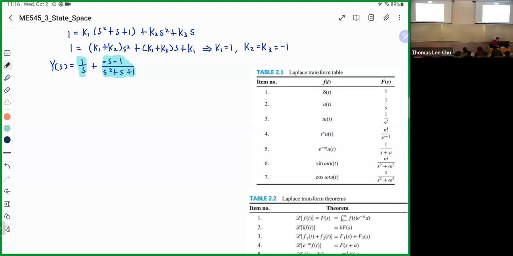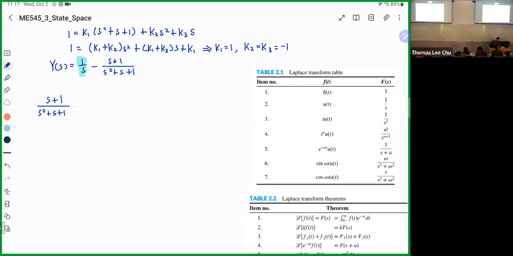Right now it doesn't really resemble anything, but let's just look at minus s minus 1 divided by s squared plus s plus 1. And actually, let's pull out the minus sign here instead.